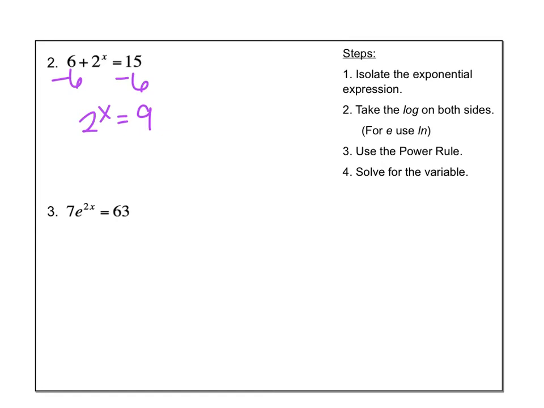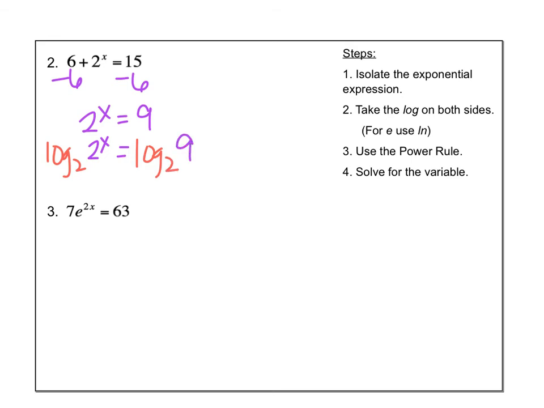And again, I like to do my cheater method, and I like to say I'm going to take the log base 2 on each side. It's going to be log base 2 of 2 to the x equal to log base 2 of 9.